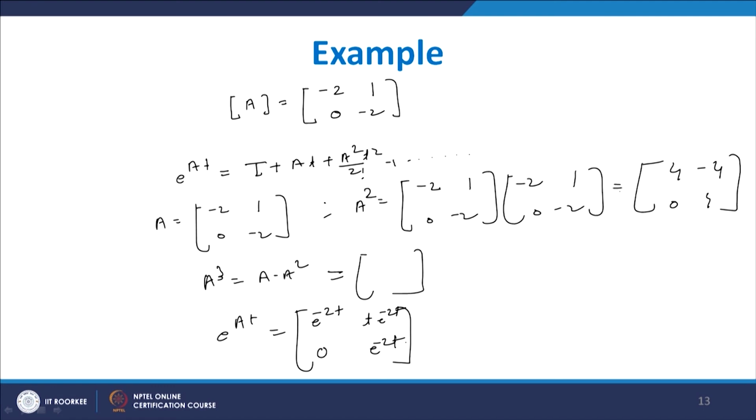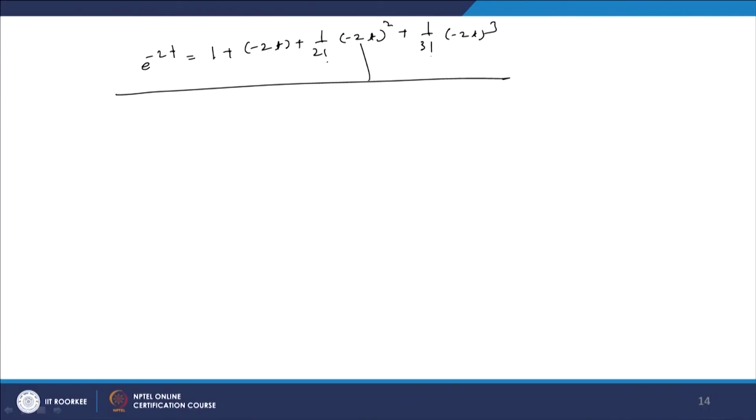So, these are very simple calculations, you can easily do it, but the main intention of this example is that sometimes it may not be possible to get similar types of results. Instead of minus 2 we may get 4, it may be 7. In that case, adjusting these elements by means of power series expansion is quite difficult.